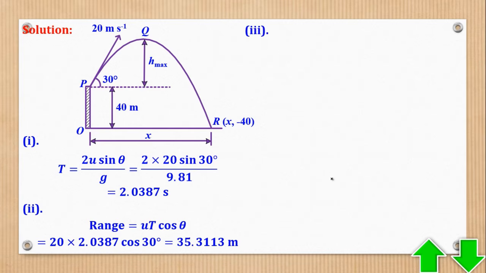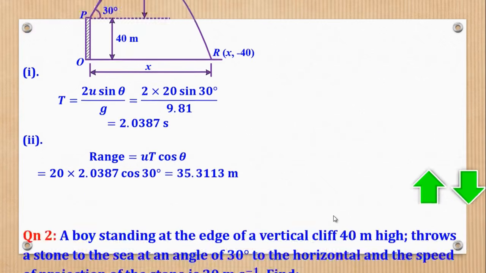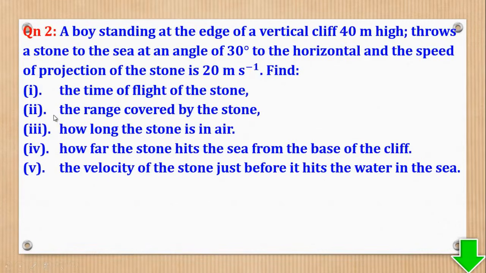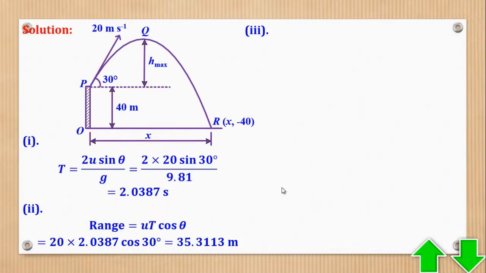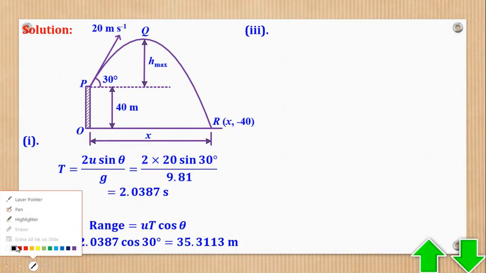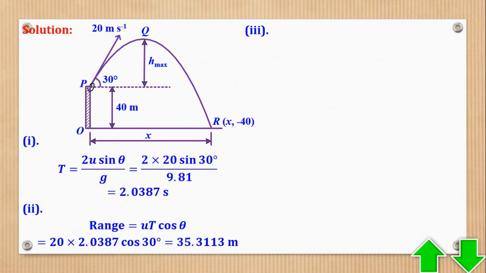Then Roman 3, they want how long the stone is in air. That is the total time taken. It is different from time of flight. Time of flight is the time taken to cover a range, but total time taken is the time taken to move from P through Q up to R. That's the time they want. So using the second equation of motion, y is equal to u t sine theta minus a half g t squared.